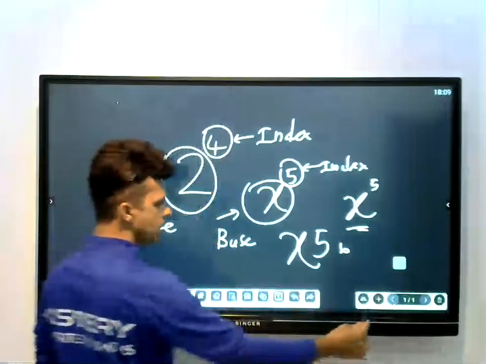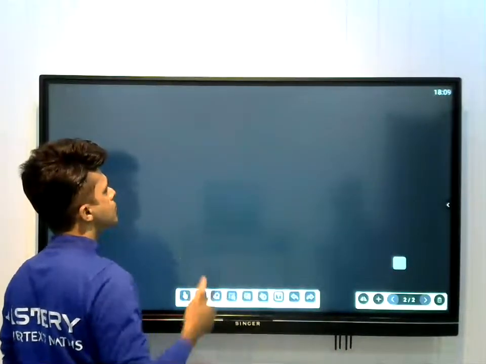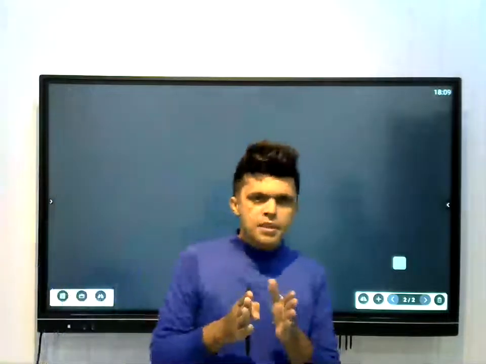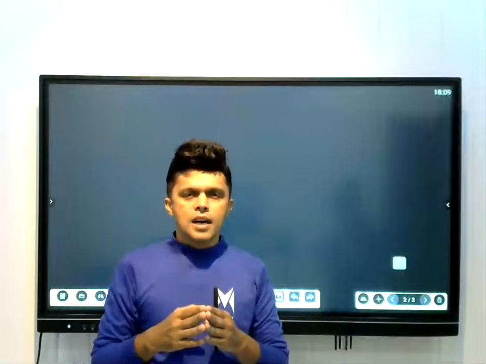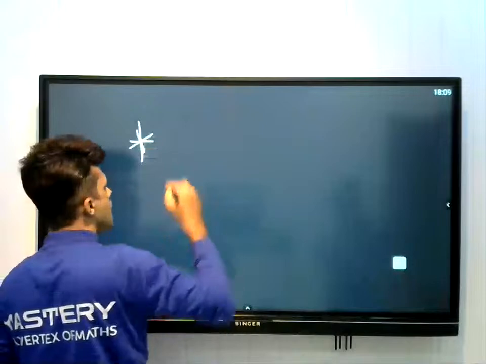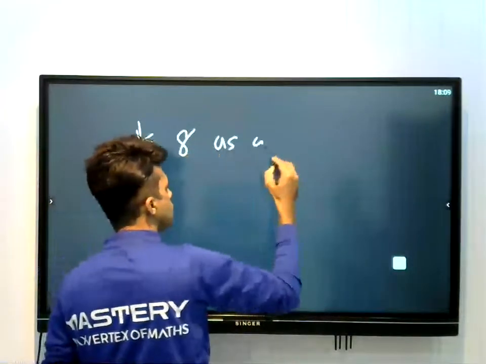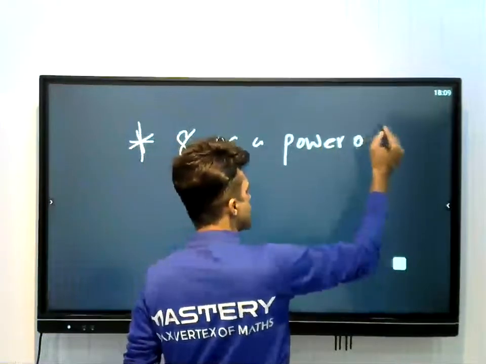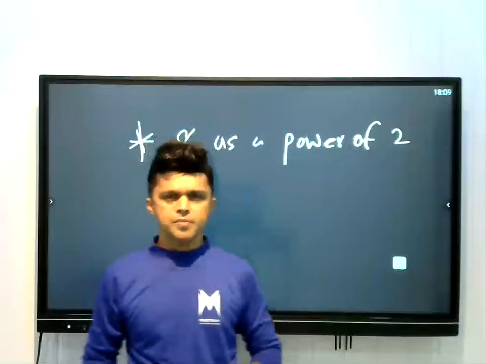Now we are going to learn how given numbers can be written as powers of a base. Imagine you are asked to write 8 as a power of 2.